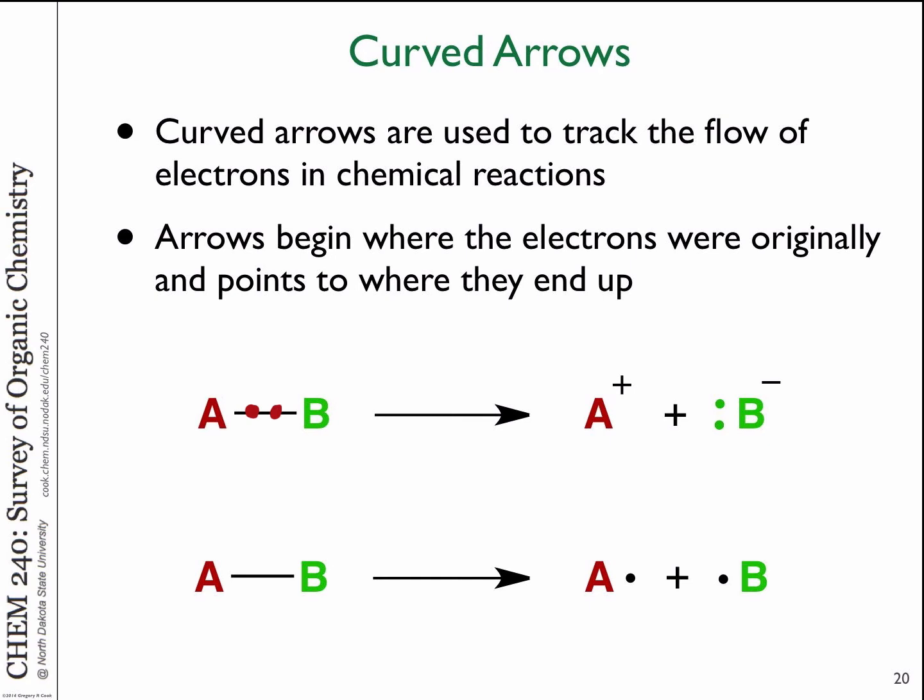If I form A plus, that means A is losing electrons, and B minus, then B has gained those electrons. So if I'm going to describe this electron flow, I'll say that the electrons in this bond go to B. That leaves B with a minus charge, that then takes away from A, and that's how I would draw that curved arrow. Okay.